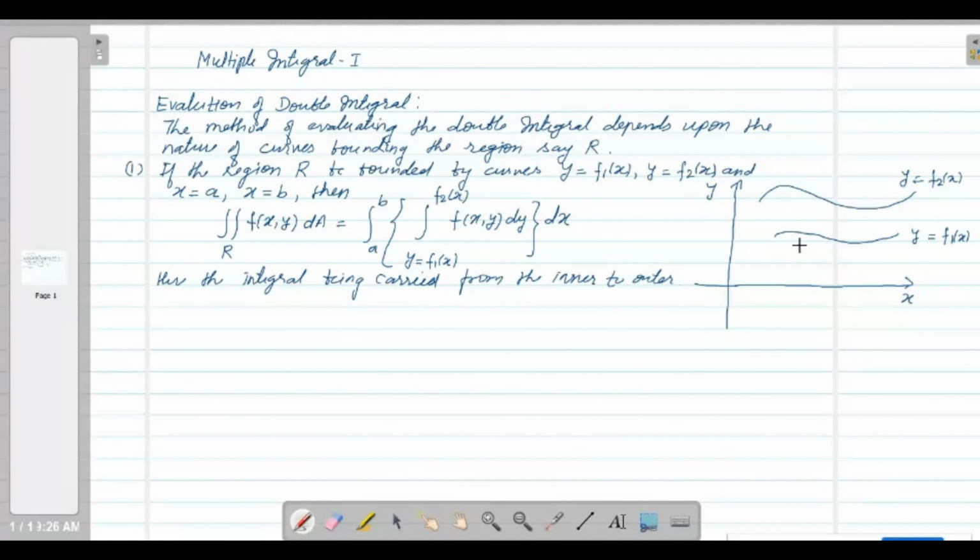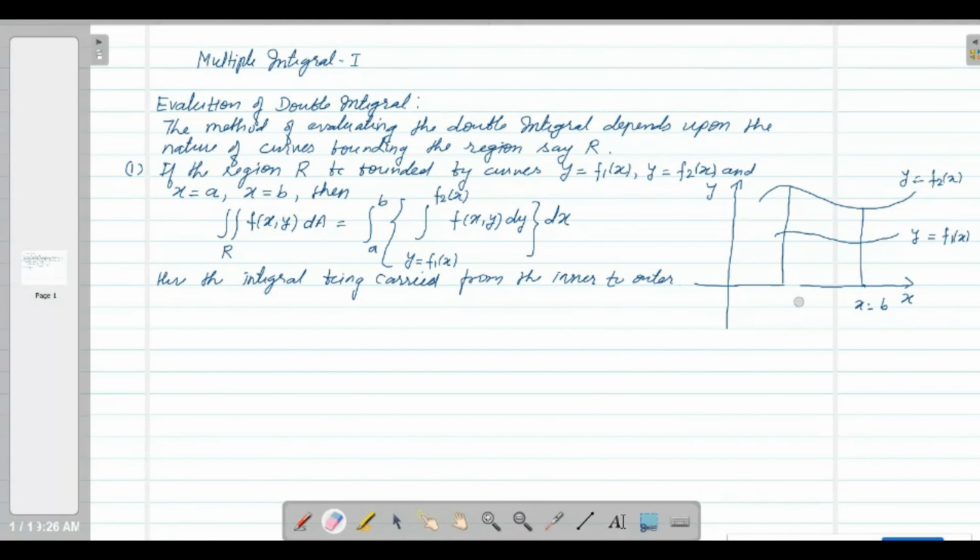There are two curves, f1 and f2. And the lines are x equal to a, and this is x equal to b. So the area bounded by the region means this. If I draw the lines like this, this is x equal to a and x equal to b.